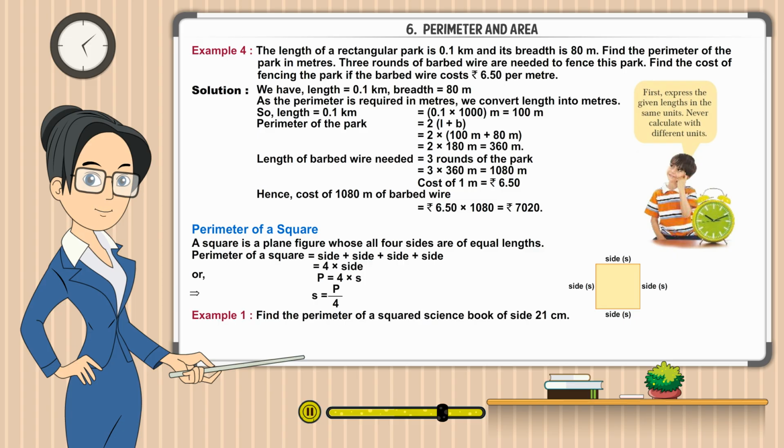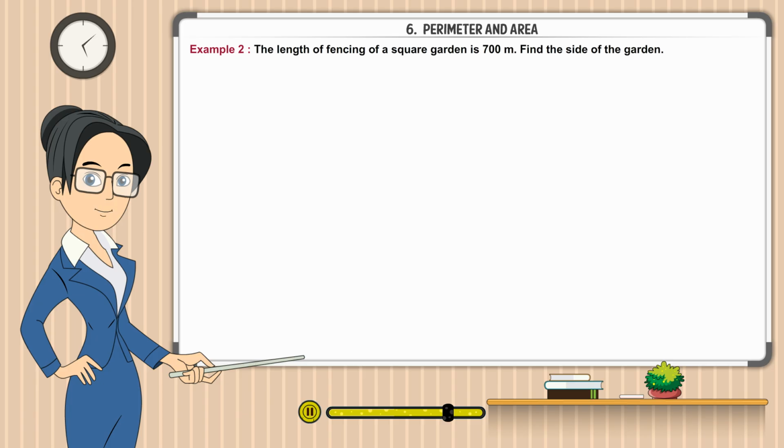Example 1. Find the perimeter of a square science book of side 21 cm. Solution. Perimeter of the book is equal to 4 into side is equal to 4 into 21 cm is equal to 84 cm. Example 2. The length of fencing of a square garden is 700 meter.